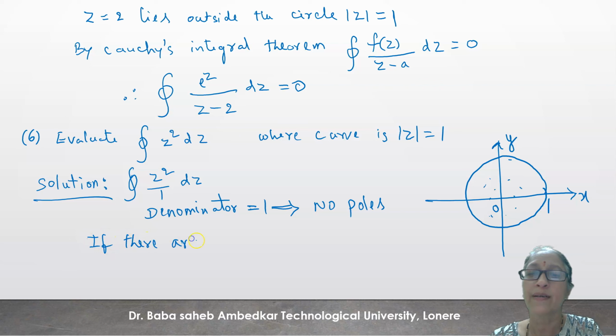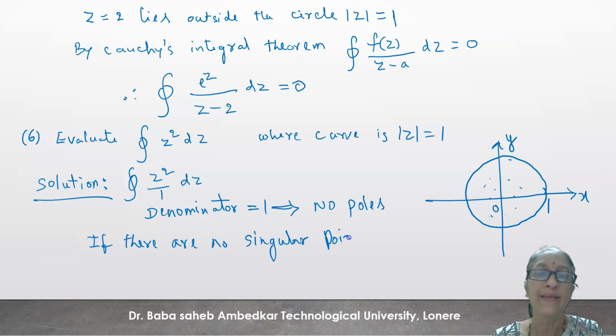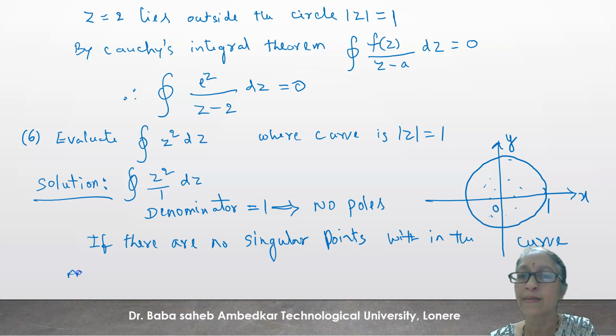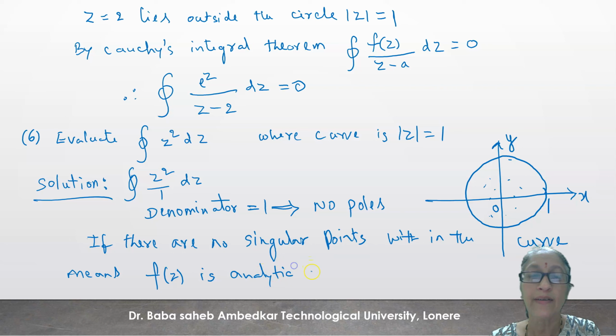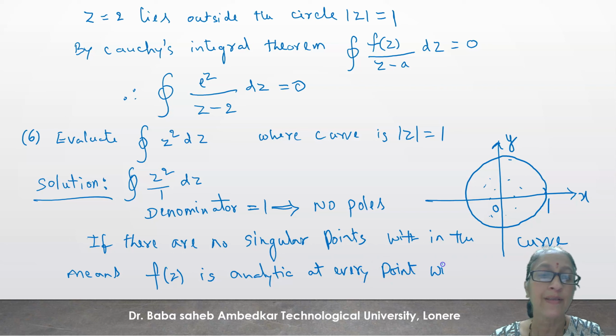If there are no singular points within the curve, what does it mean? F(z) is analytic at every point within the curve.